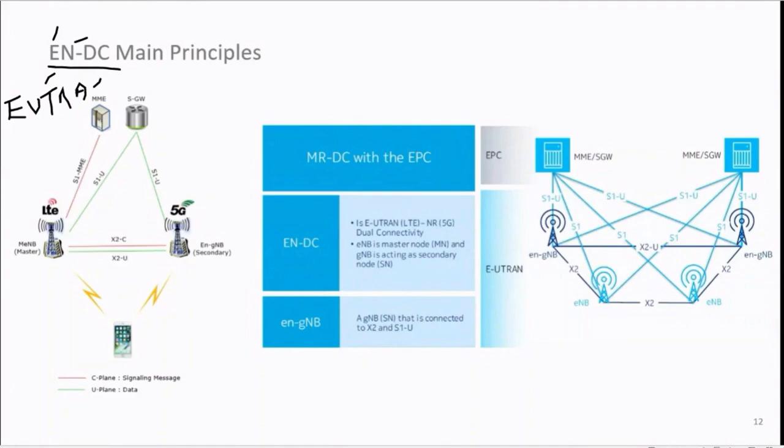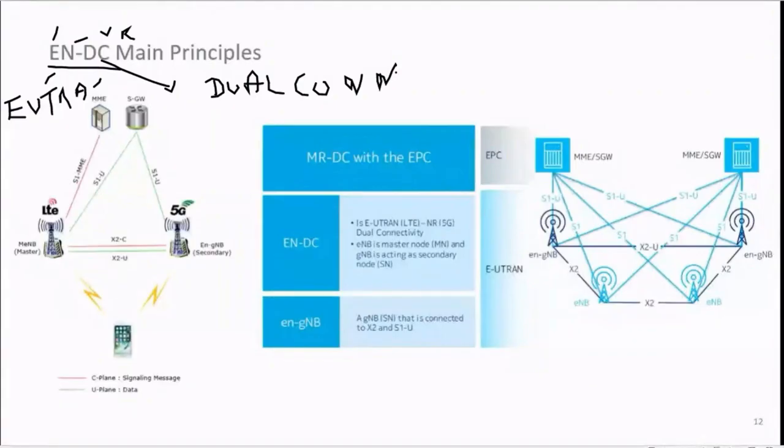And N is the NR, or you can say new radio, or you can say 5G. And the DC is dual connectivity, right? So EN-DC: E-UTRA and new radio dual connectivity. Okay, this is the meaning of EN-DC.